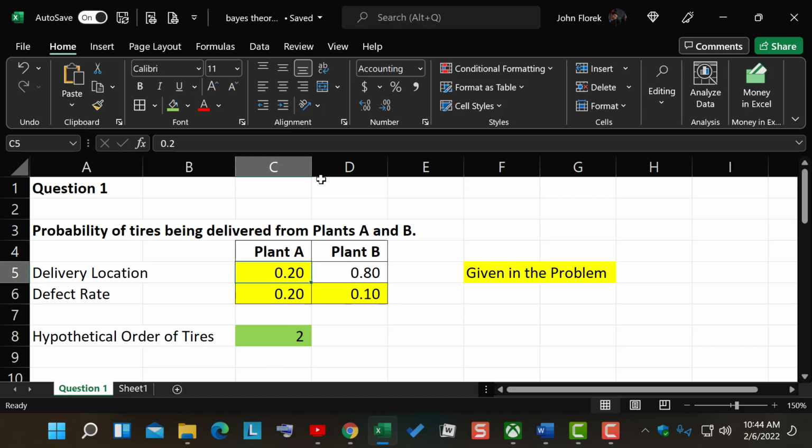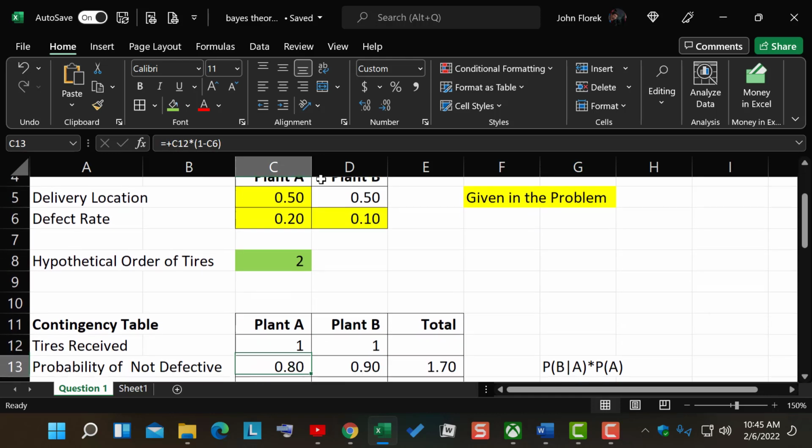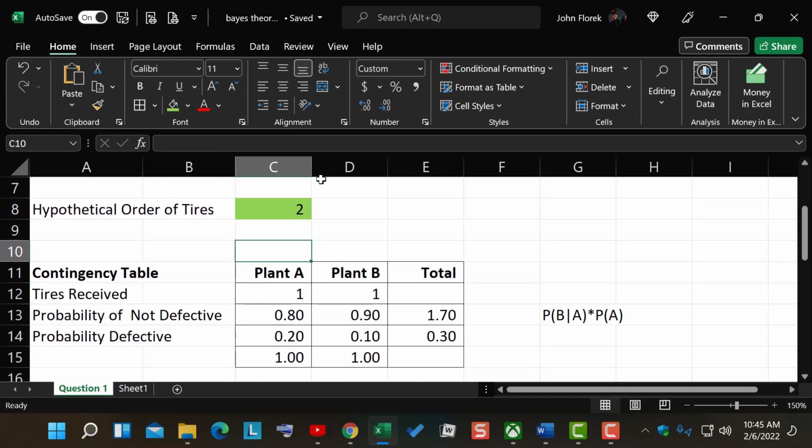But the point being is that the calculation of the inverse is simply done as 1 minus 1 times the other one. And we have the defect rate at 20% and 10%, and this information was given in the problem. So later on I'm going to play with a hypothetical situation, but for now I'm using, you order 2 tires, and that's because it gets you the percentages.